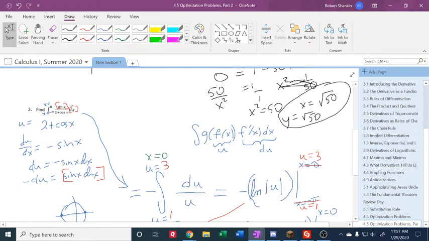So you're saying when you took the derivative of u, you replaced the numerator with du. That's right, because sine of x dx is the same as sine of x over 1 times dx over 1 as well. So that's saying sine of x dx over 2 plus cosine of x, right?